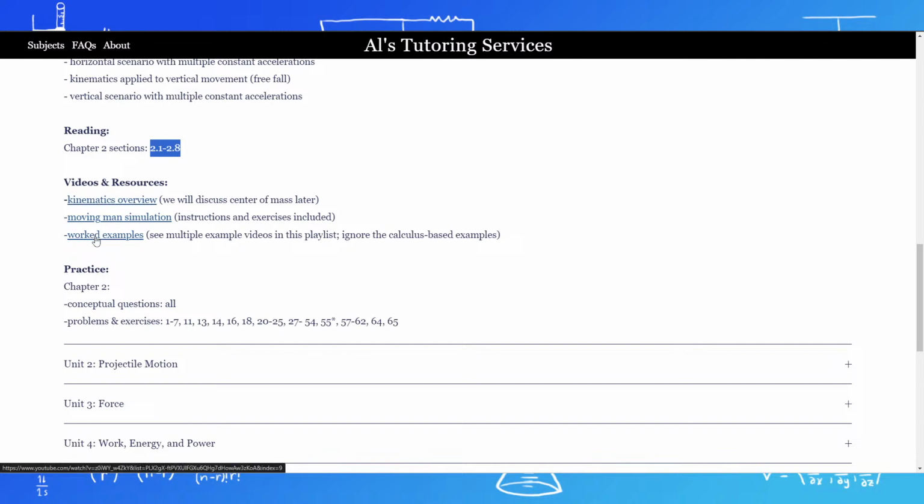Then you might want to look at the worked examples before trying the problems and exercises. But what I would recommend, if you're not ready for actual problems, is the conceptual questions. Maybe read them and start thinking about them at the very least. And yeah, that would be my advice in terms of preparation for next time.